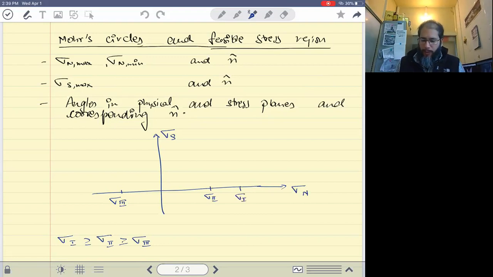So what we discussed last time was that, upon doing some analysis of the equations for the three normals, which were written in terms of our principal stresses as well as sigma s and sigma n, we found that the equations of the feasible stress space are circles. So we had drawn three more circles. We'll only draw the top half because the bottom half does not tell us anything new.